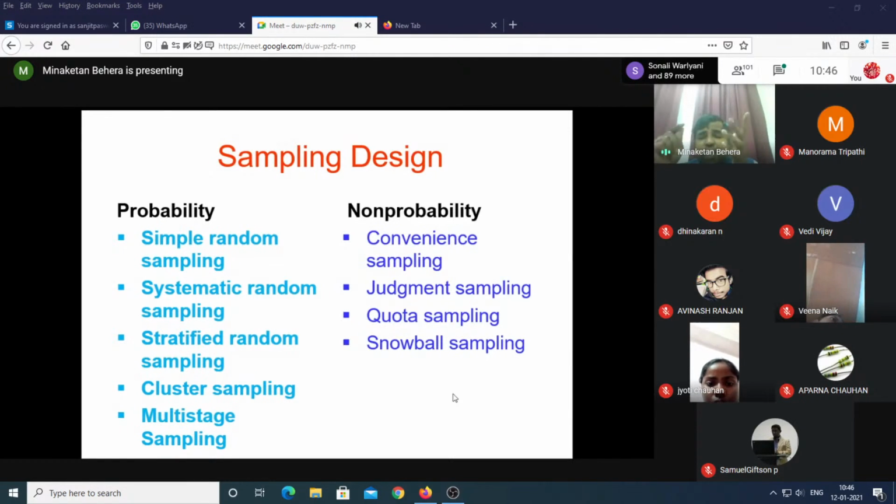Now, why does it come under non-probability sampling? It is the field investigator's choice whom he will select and whom he will not select. Suppose I enter a village as a field investigator, and my boss has given the assignment that I have to ask 60 male members.